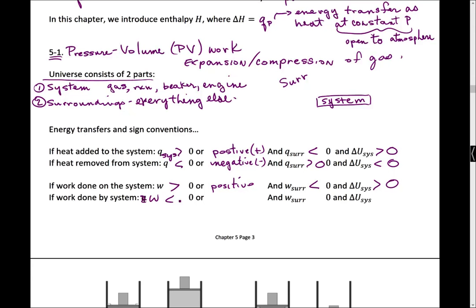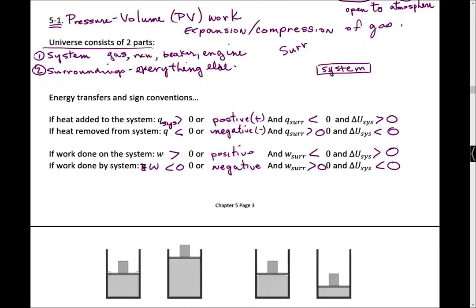We expect this to be a negative number. The system energy will decrease, and the surroundings energy, because the work's being done on the surroundings, will be positive. So it's very important to keep the sign convention, and of course, knowing where your system is determines what the sign is.